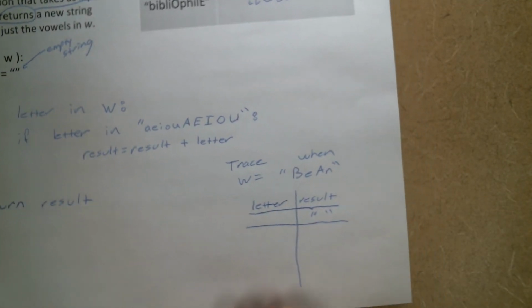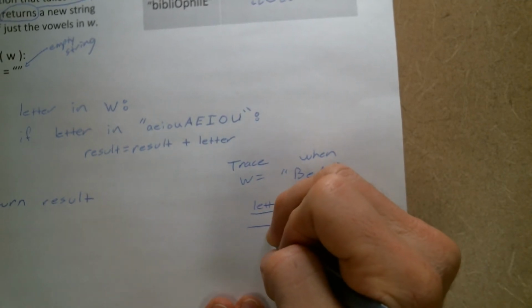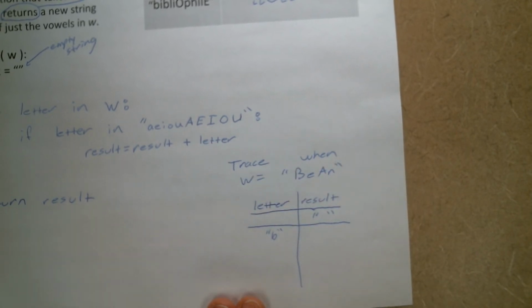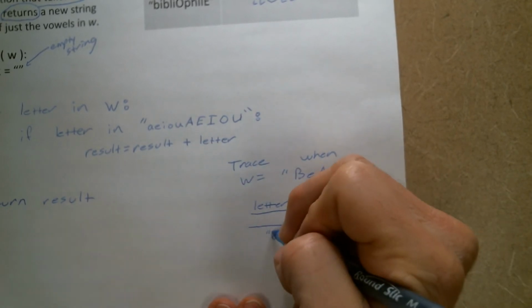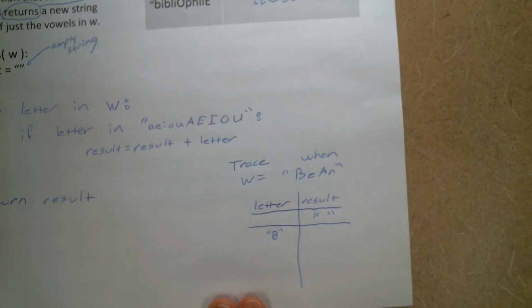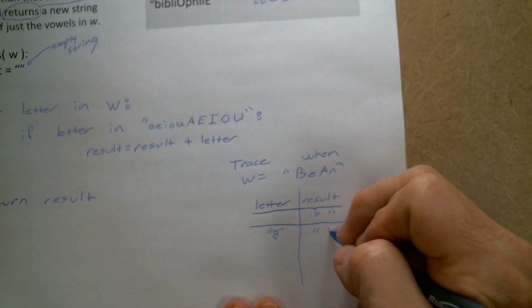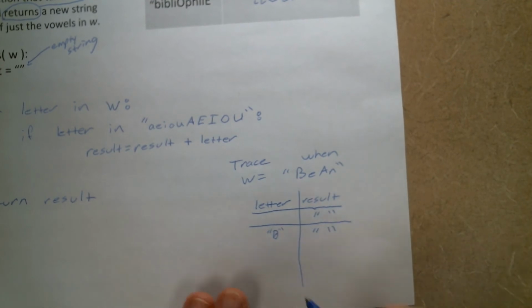We then enter the loop, and the letter that we're looking at is uppercase B. That is not a vowel, so result is going to stay empty.